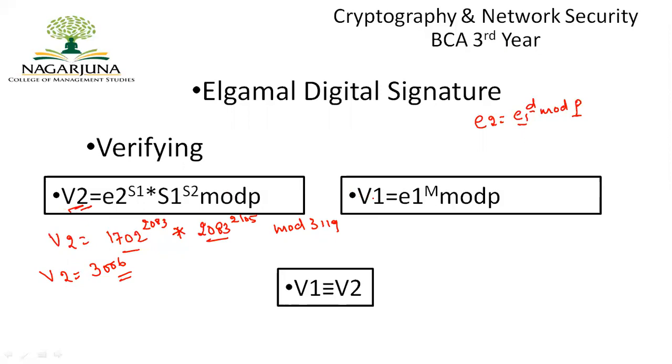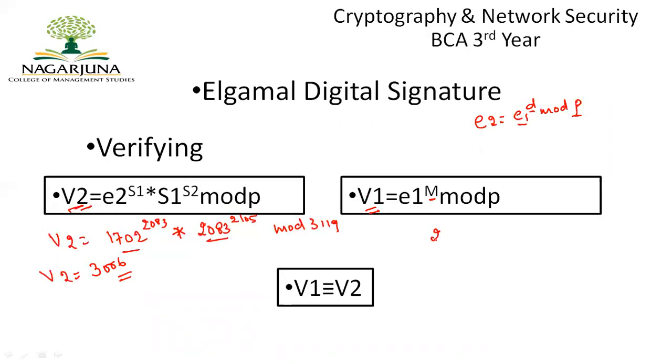Now we have to calculate V1 by using the message part. With respect to V1, we have already got our E1 value. So what is the value of E1 that we have taken? It is 2.